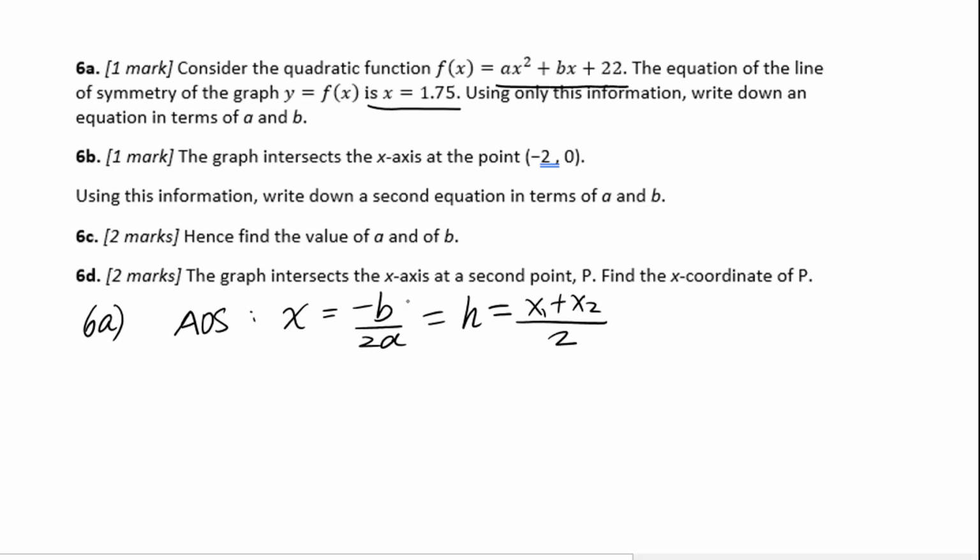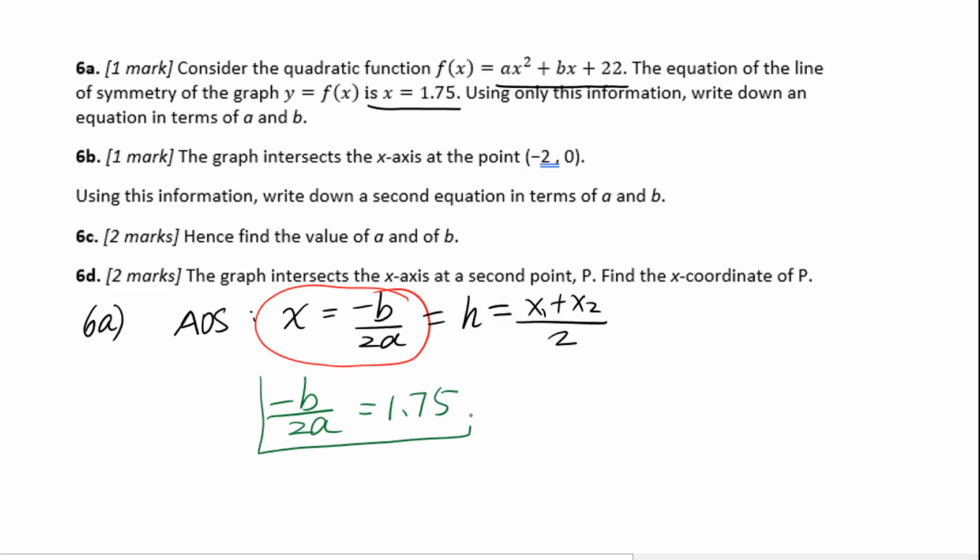This time we got to use this formula. Therefore, you will have negative b over 2a equals 1.75. This will be the solution to 6a.